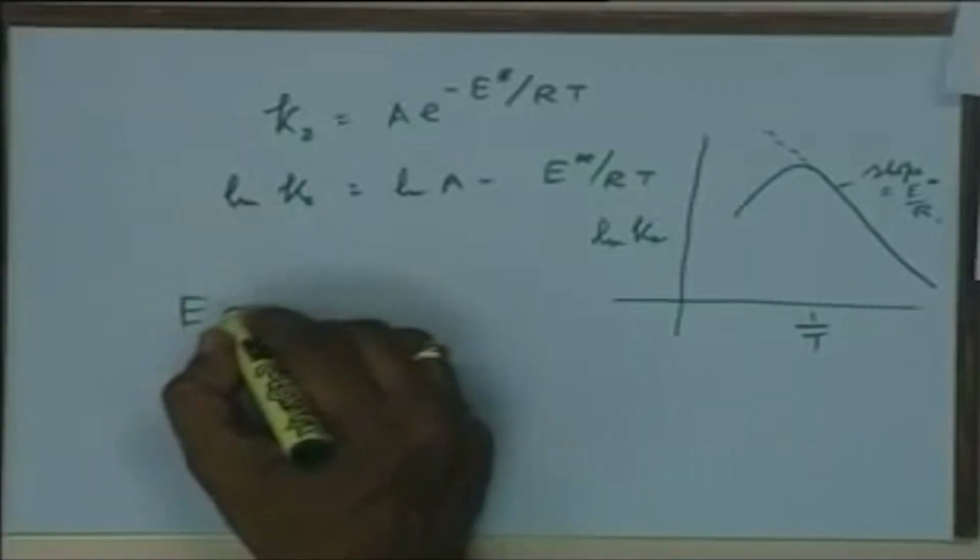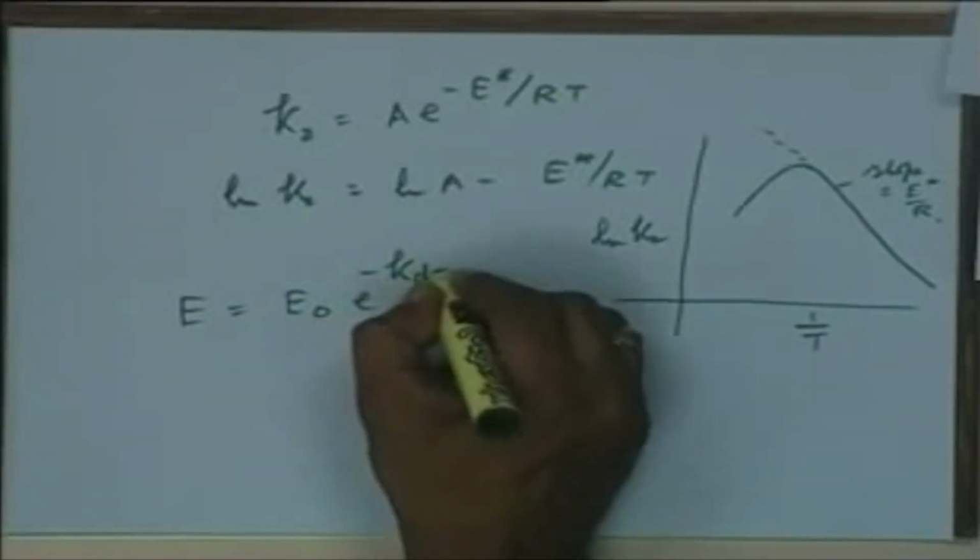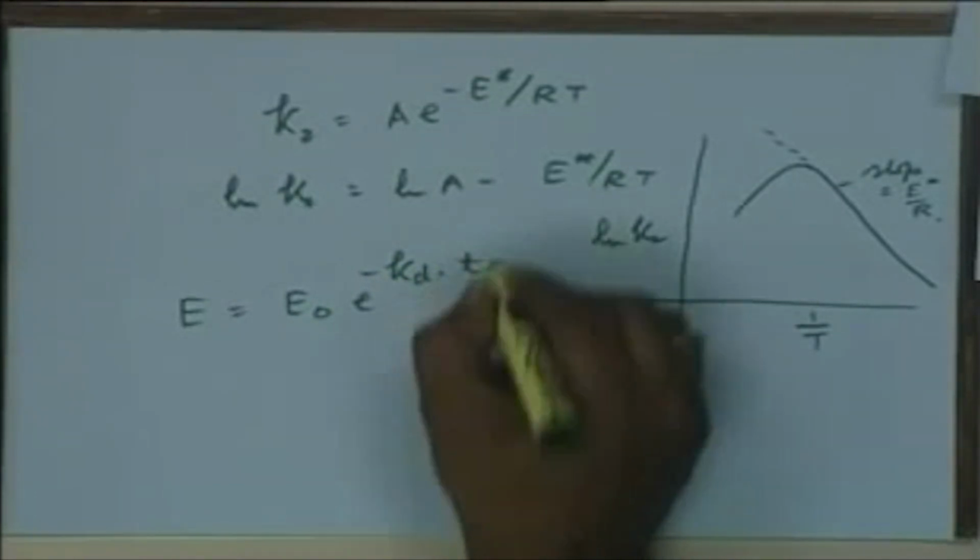But if the temperature is shifted drastically to the higher side, deactivation occurs, and a very broad picture of deactivation, as we discussed earlier, is represented by first order deactivation kinetics, where you can define E is equal to E naught e to the power minus k d into t.